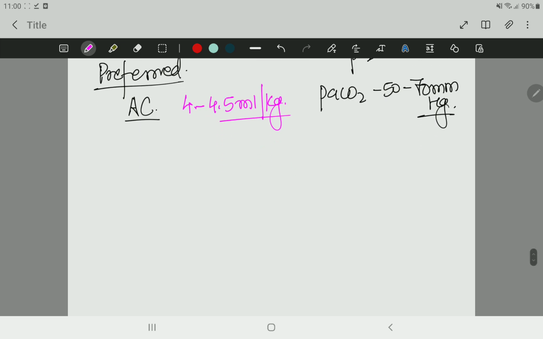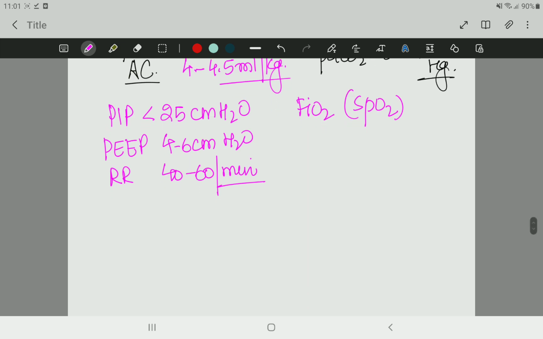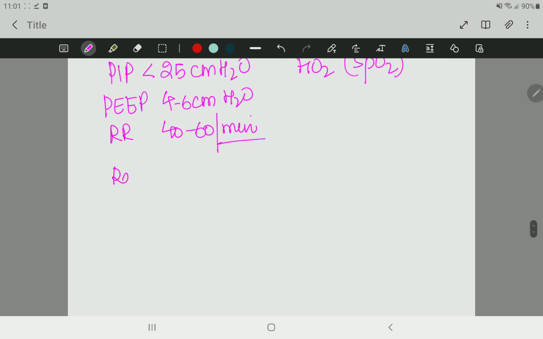The settings: peak inspiratory pressure less than 25 centimeter of water, PEEP around 4 to 6 centimeter of water, respiratory rate around 40 to 60 per minute, and FiO2 depending upon your SpO2, as we have already discussed for preductal and postductal SpO2. If with all these settings one is not able to achieve the required parameters, then one can shift to the rescue mode, which includes high frequency ventilation.